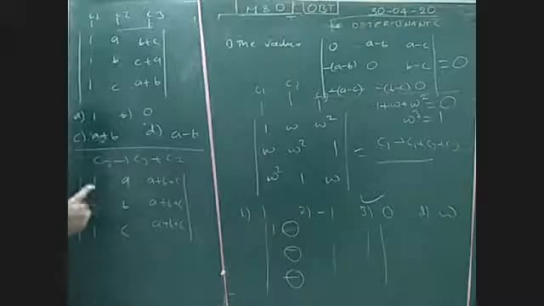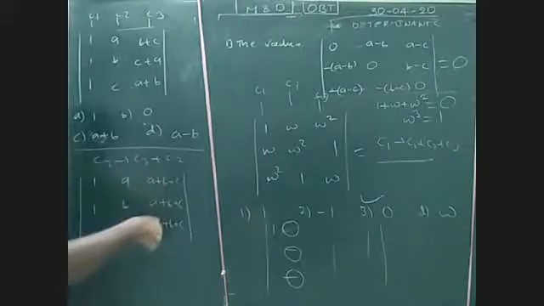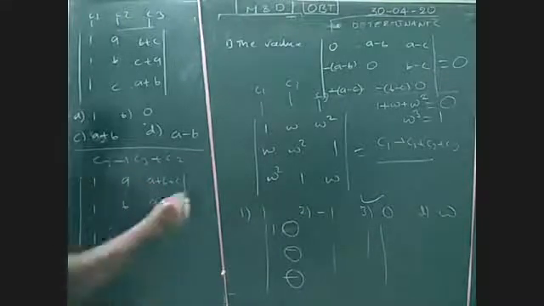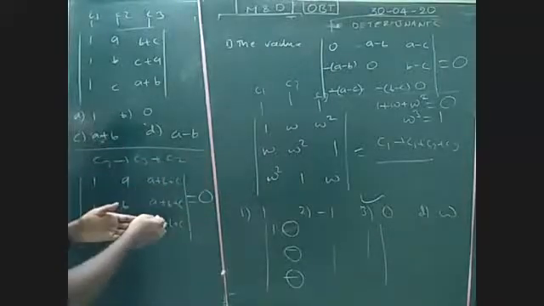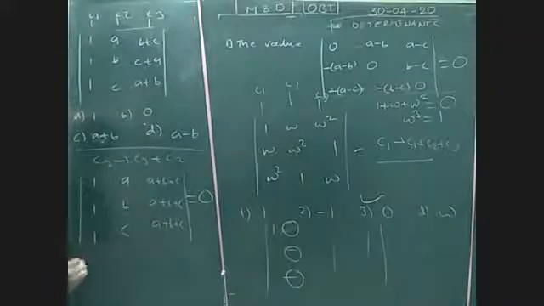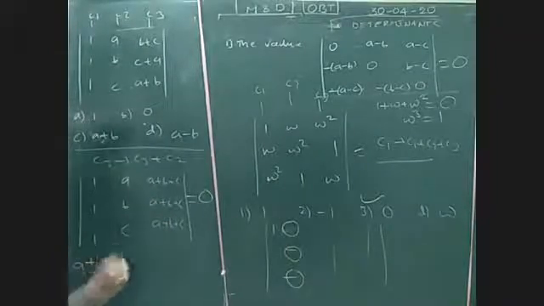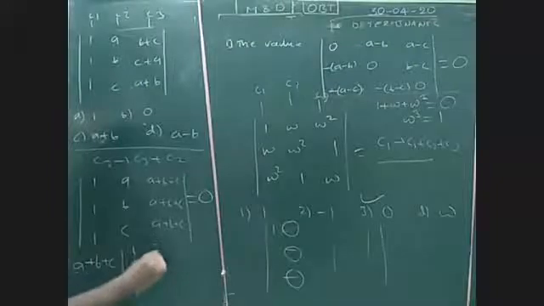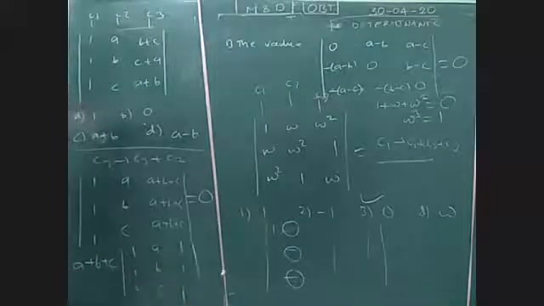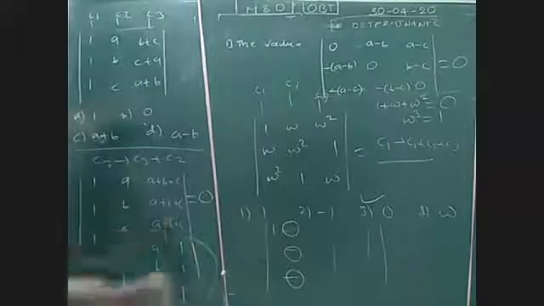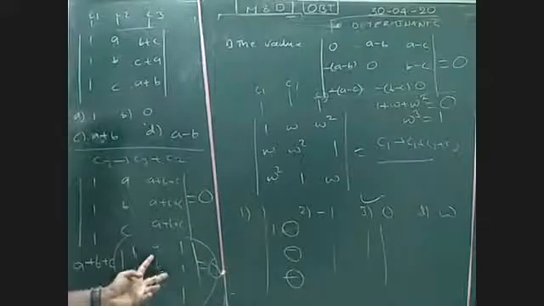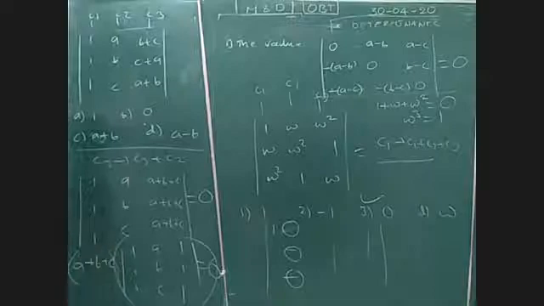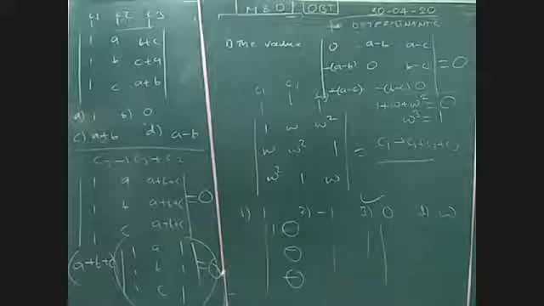First column 1, 1, 1, same values. Third column also has the same values. We can write directly 0. From C3, I want to take a plus b plus c outside, remaining 1, 1, 1. See what this matrix is? Two columns are identical, two columns are the same. The determinant value is 0. 0 into any value is 0.